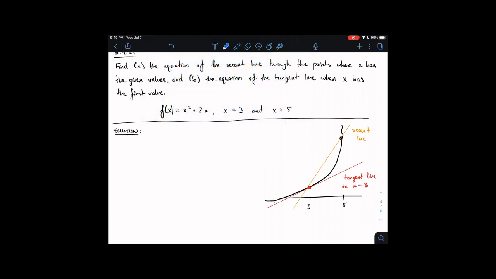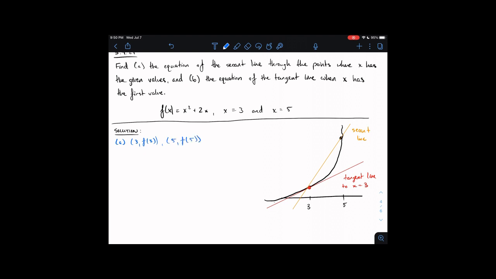So let's do part A. Usually a good thing to do, if we can do it, is to find the slope of the line first. So we need the slope of the secant line. So we're going to do rate of change, or the slope formula. Now we have 2 points: 3 and f of 3, and 5 and f of 5.